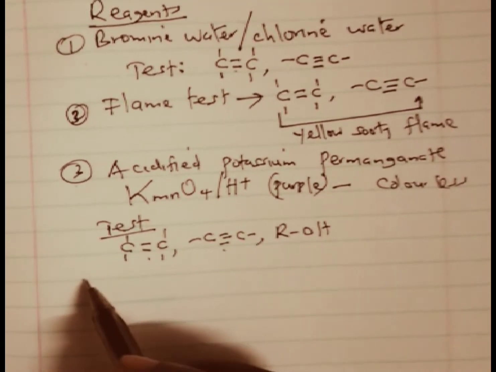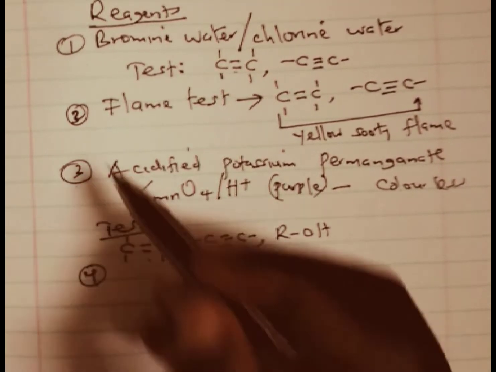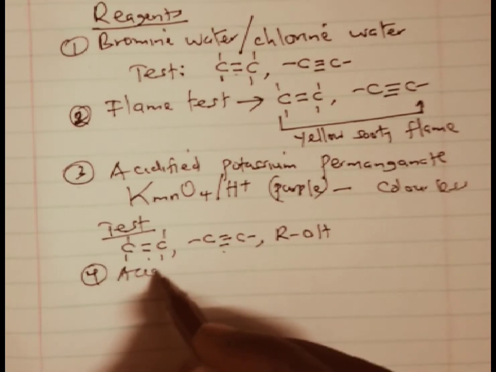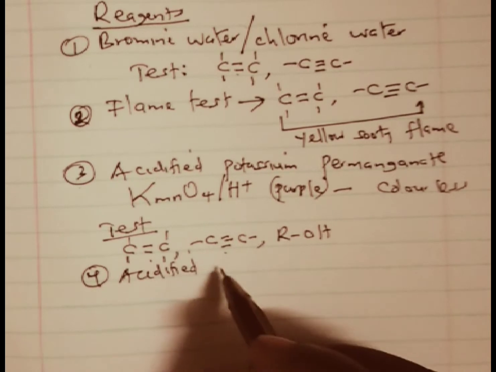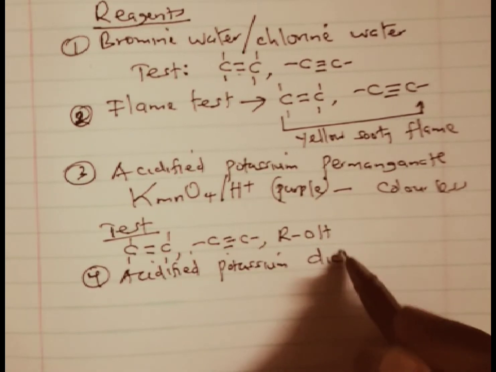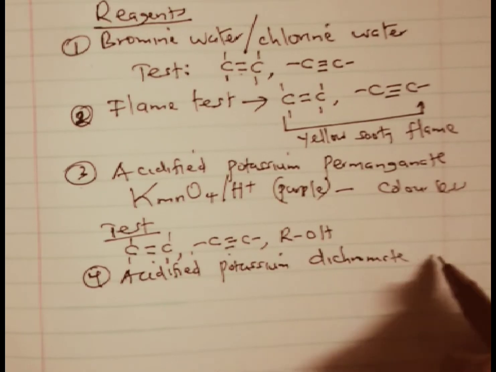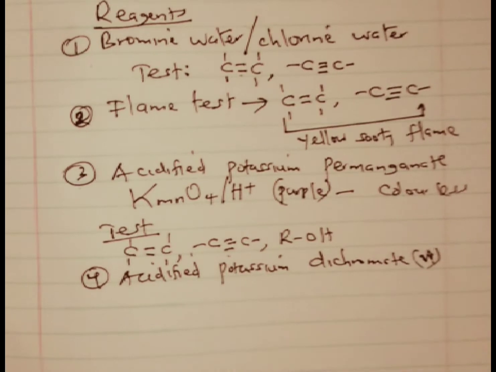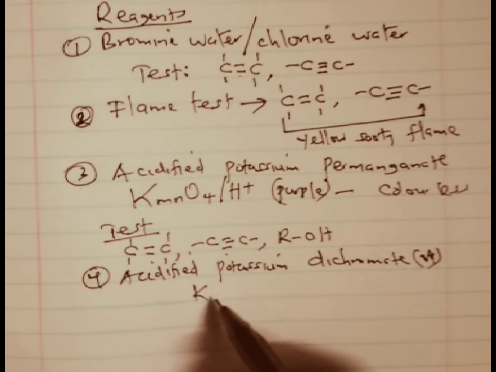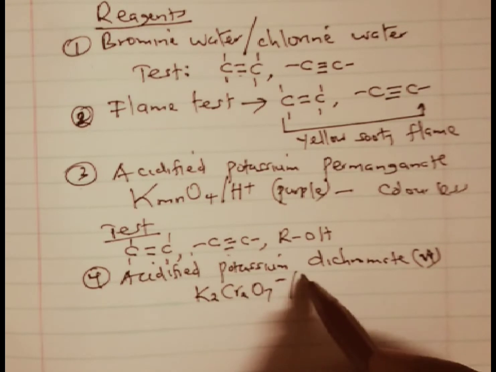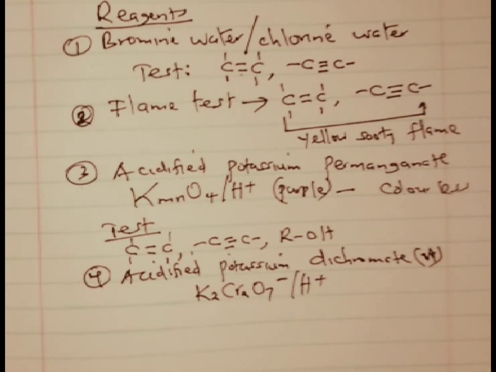We move down to reagent number 4, and reagent number 4 is acidified potassium dichromate(VI). That is K2Cr2O7, and usually this one is acidified.